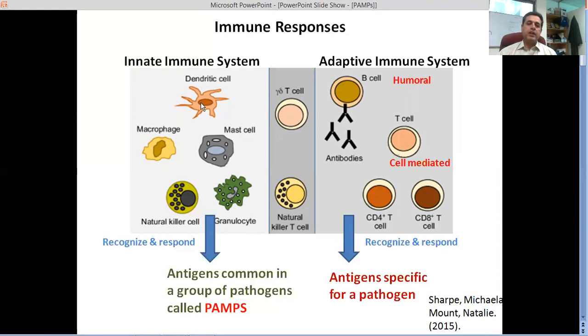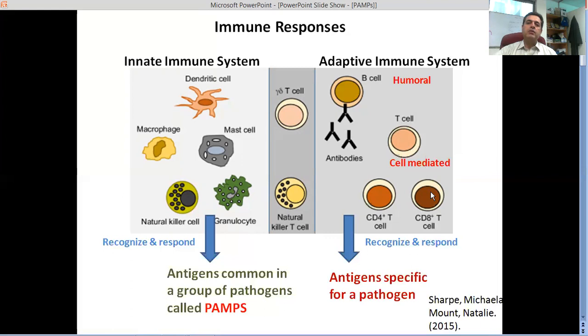These responses actually are against all pathogens in that particular group. These responses usually lead to generation of other responses, which are known as responses of the adaptive immune system. The adaptive immune system has two branches, humoral and cell-mediated responses. The humoral responses are generated by the B cells, and cell-mediated responses are generated by the T cells.